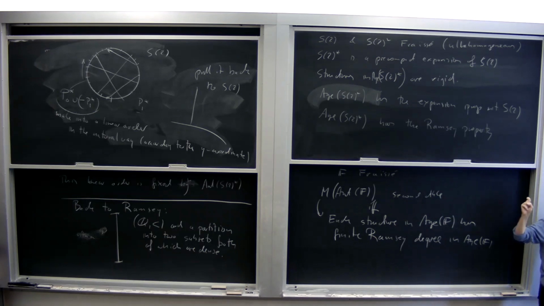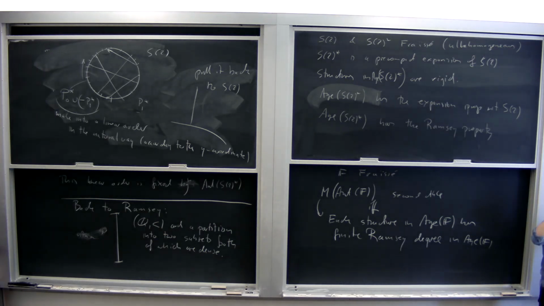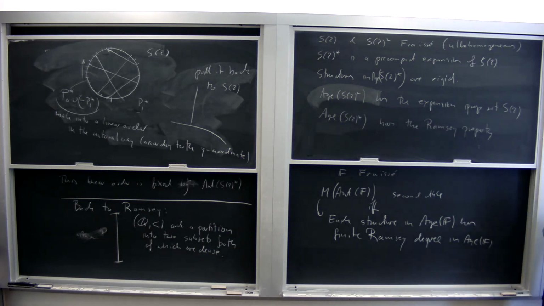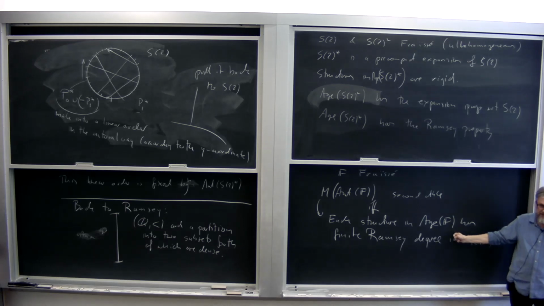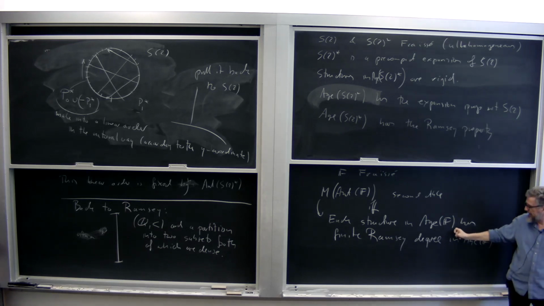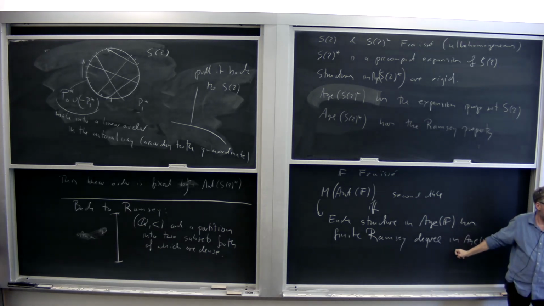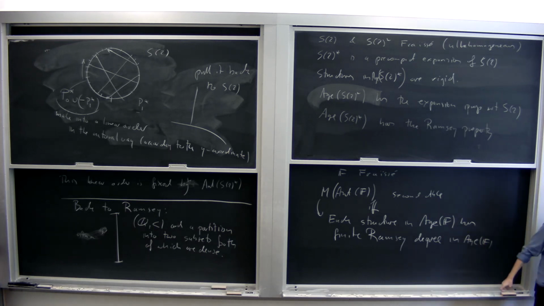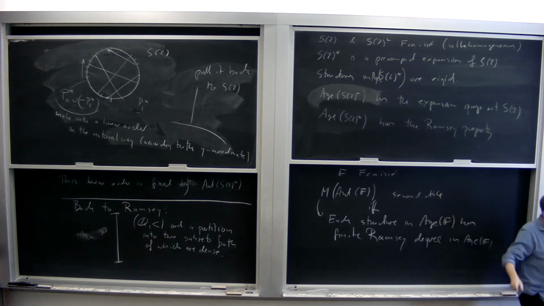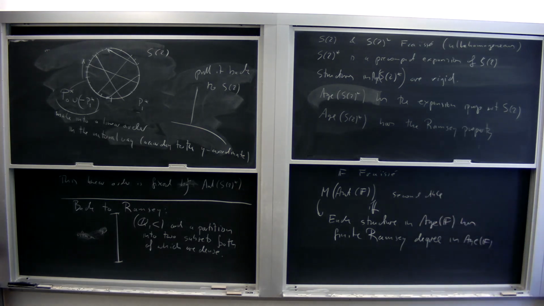So X star would have to be the universal minimal flow. And last time we proved, in the first half of the proof, that if X star is the universal minimal flow, then each structure in the age of F has finite Ramsey degree. So this is essentially already in what we proved. Going back takes some work, so I will not do it. You can check Andy's paper in the Transactions.